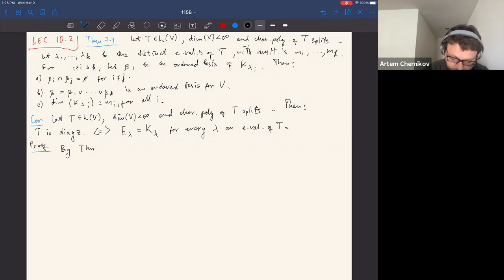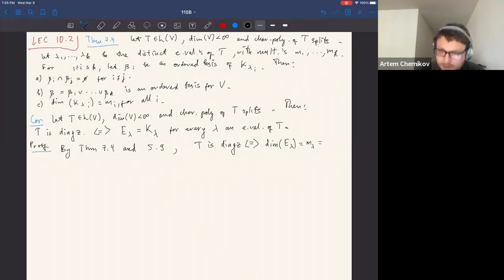We know by the theorem we just recalled, theorem 7.4, and also by an earlier theorem 5.9 about diagonalizability, that a linear operator T is diagonalizable if and only if the dimension of E lambda is equal to the corresponding multiplicity of this eigenvalue lambda, which by 7.4 again is exactly the dimension of the generalized eigenspace K lambda for each eigenvalue lambda of T. Remember, here I'm combining two facts: this is 7.4 and this is 5.9. 5.9 tells us that a linear operator is diagonalizable if and only if the dimension of every eigenspace is equal to the multiplicity of the corresponding eigenvalue.